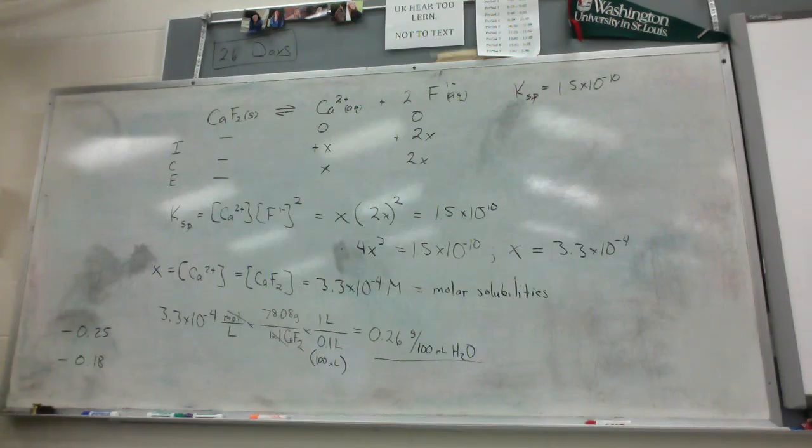Wait a minute, I may have said that wrong. Did I say reverse the more positive? You reverse the more negative. So which one's the more negative? The 0.25, right? So we're going to reverse that one, so that when we add it, it ends up being positive. So the positive 0.25 and the negative 0.18.